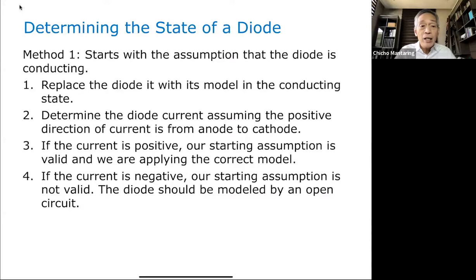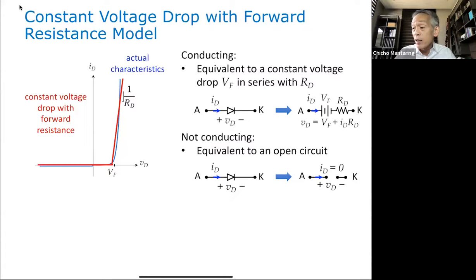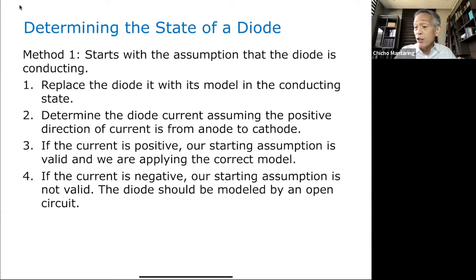Okay, what do we do after that? We determine the diode current, assuming the positive direction of current is from anode to cathode.